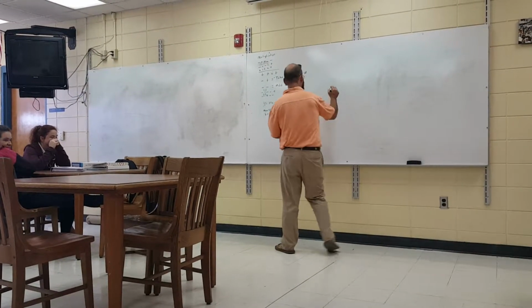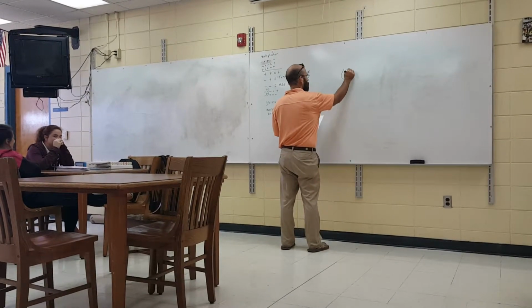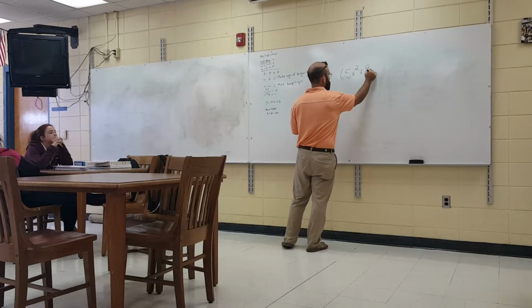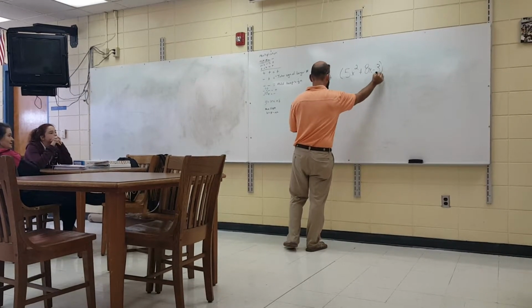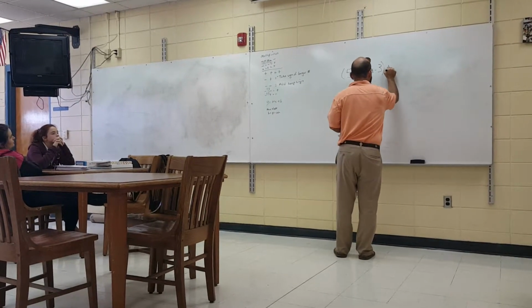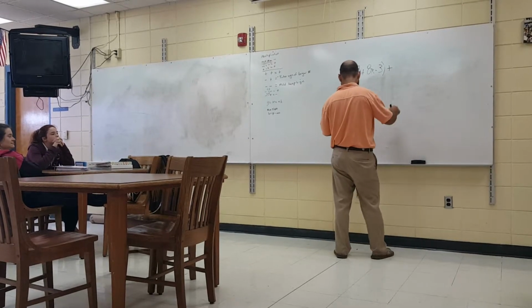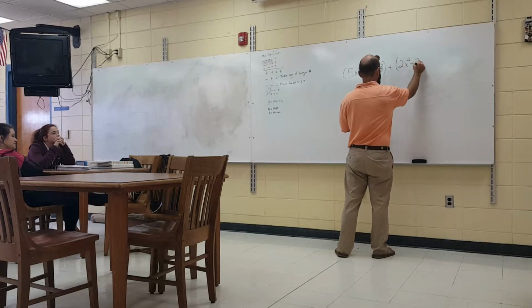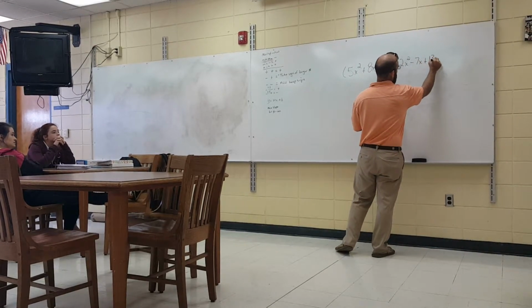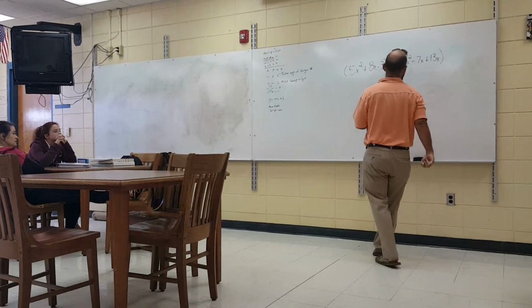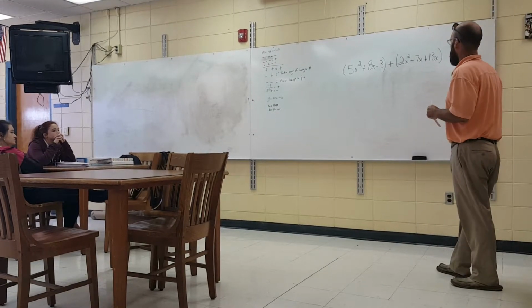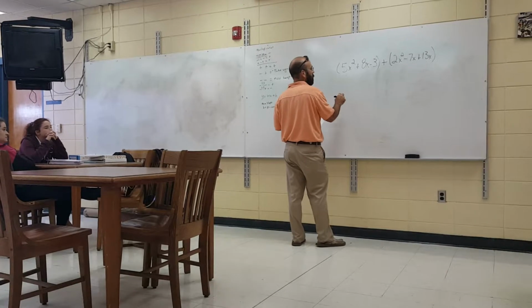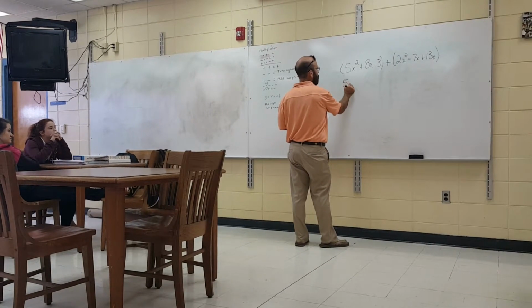I'm going to give us an example right here: 5x squared plus 8x minus 3. And we're going to add, we're not subtracting this, 2x squared minus 7x plus 13. We're going to do this horizontally, so we're going to put our like terms together.